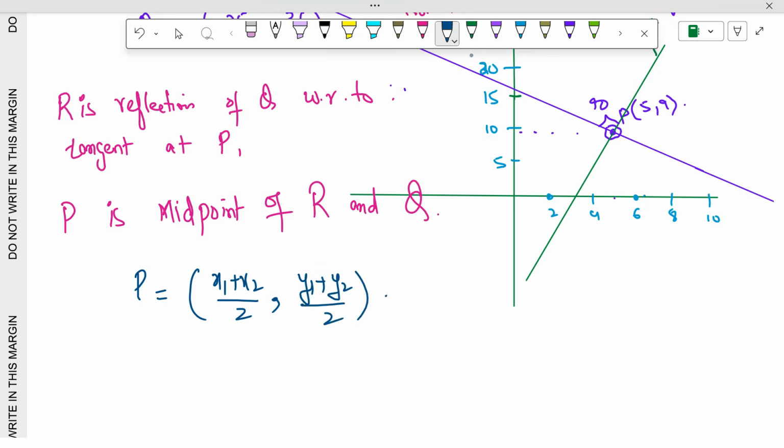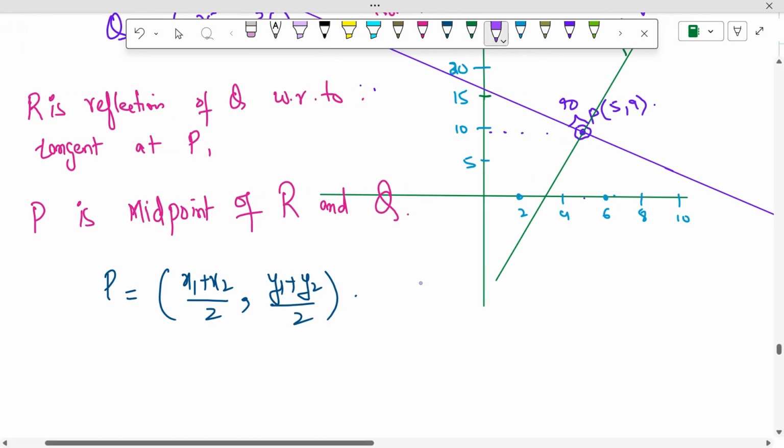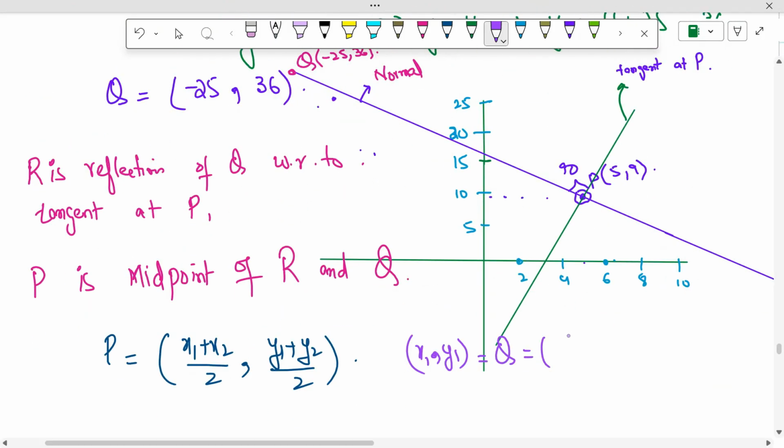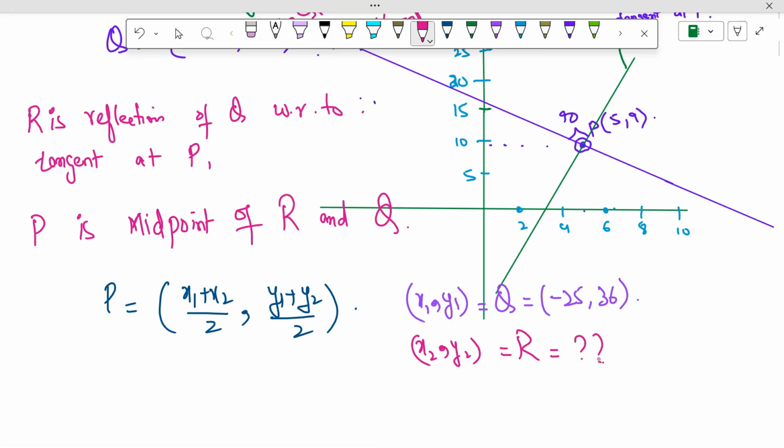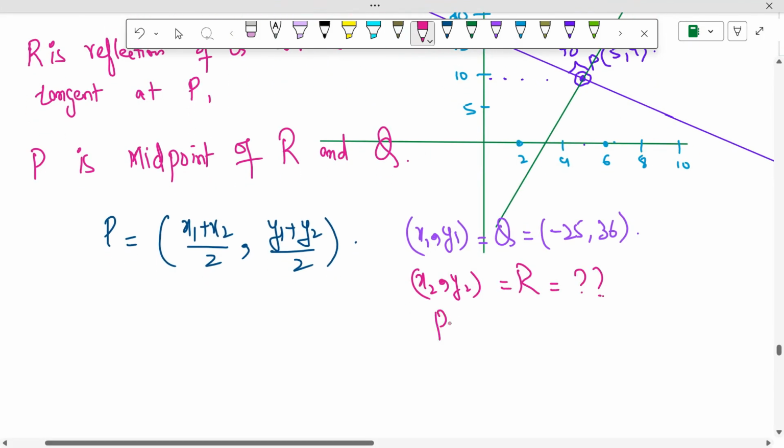This is the midpoint formula. In this case, x1 and y1 is the point Q, which is (negative 25, 36), where x2 and y2 is the point R, which we need to find, where P is the point (5, 9).